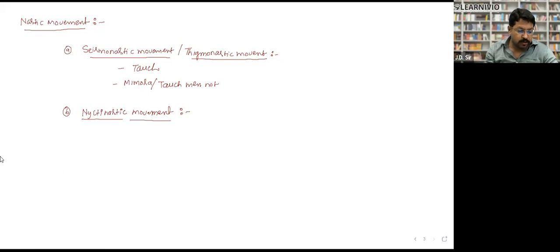These are called nictinastic or sleep movement. Sleep movement. Full stop.